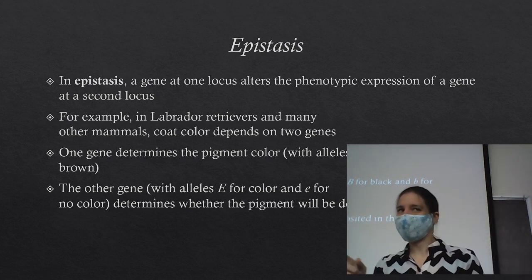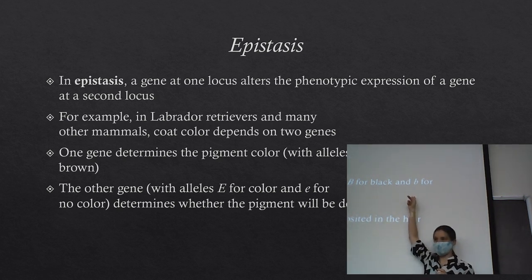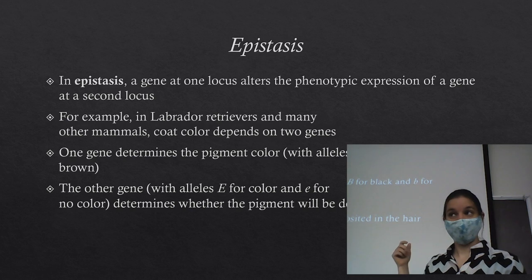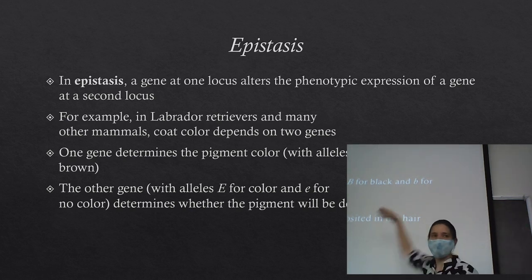But you'll notice you've got black as dominant, brown as recessive, and there is not a pigment for yellow. The genes doing pigments are doing their thing.